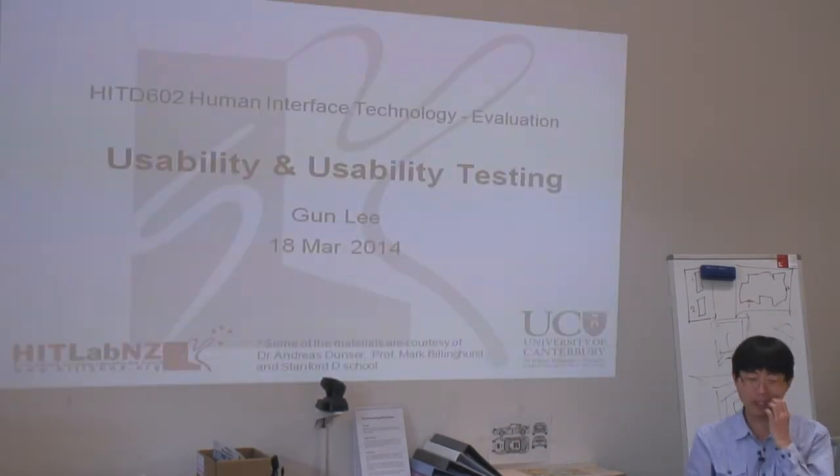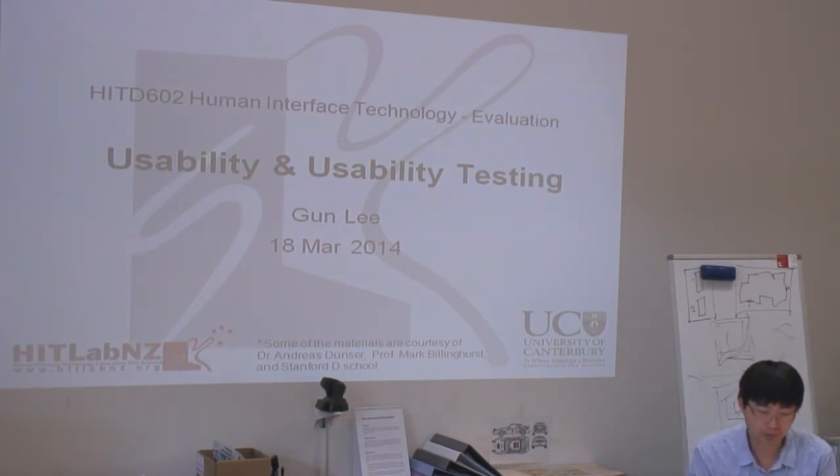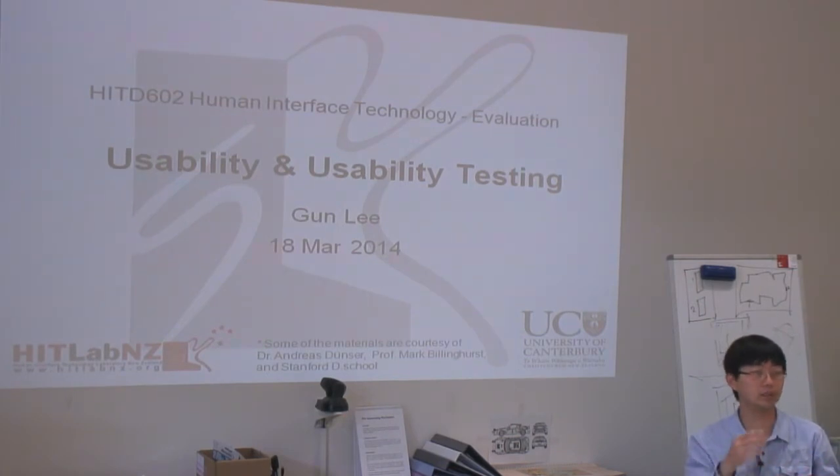So today we're going to talk about usability testing. It is one of the methods that you use to do HCI research, but in some sense, usability testing is a little bit more of an industrial method rather than an academic method for doing HCI research.